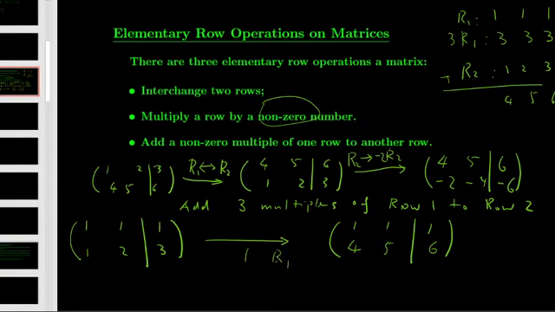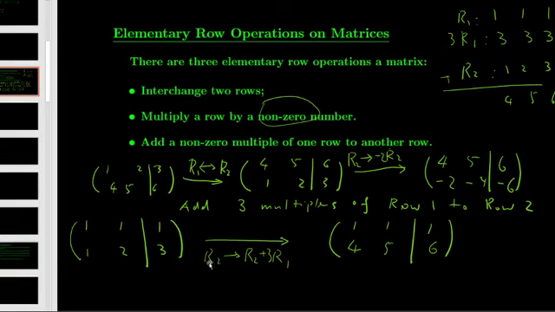You multiply row 1 by 3, and then you add the multiple to row 2. And then row 2 is changed. We use a notation like this to indicate the operation we just performed. Now I'm going to tell you the meaning of the notation.